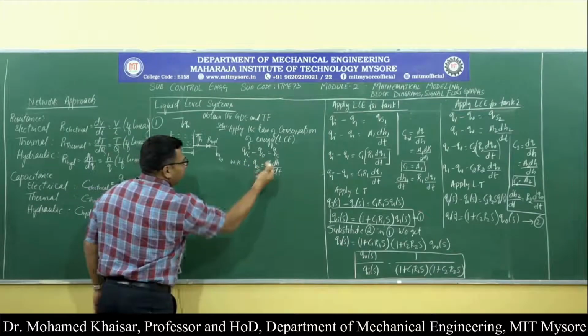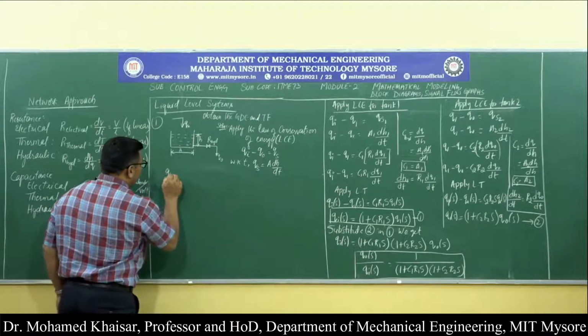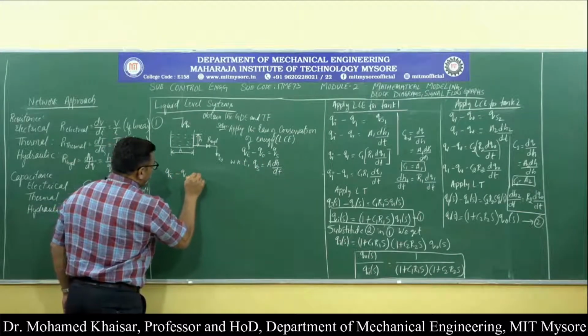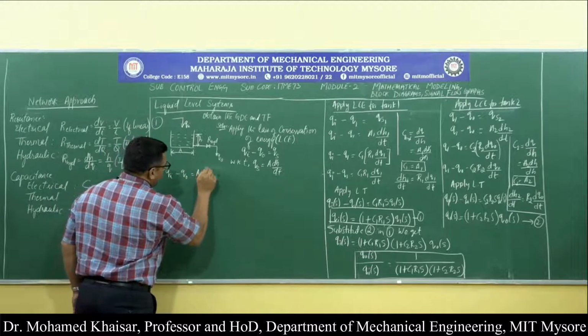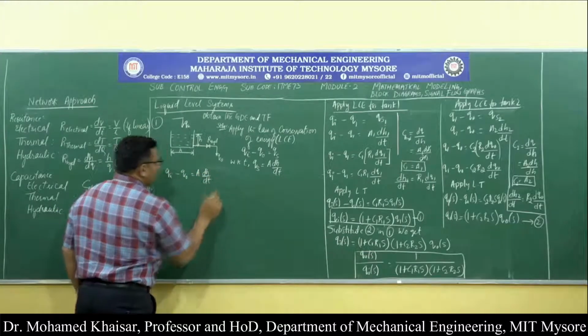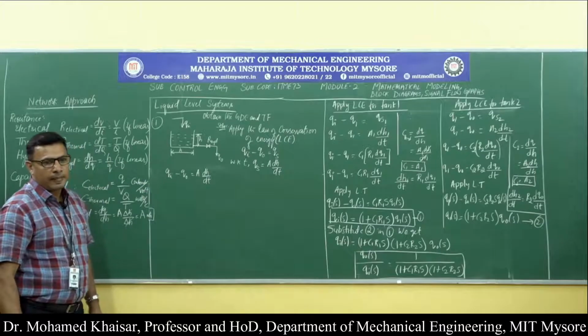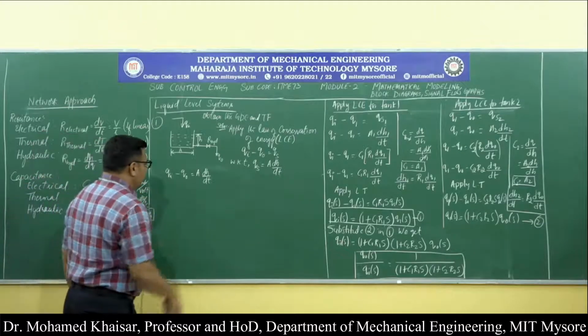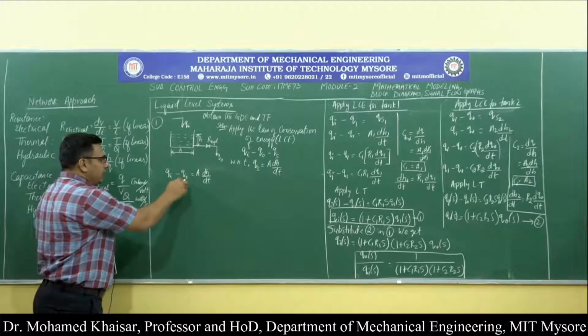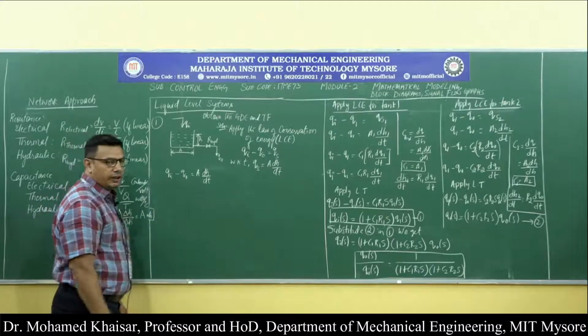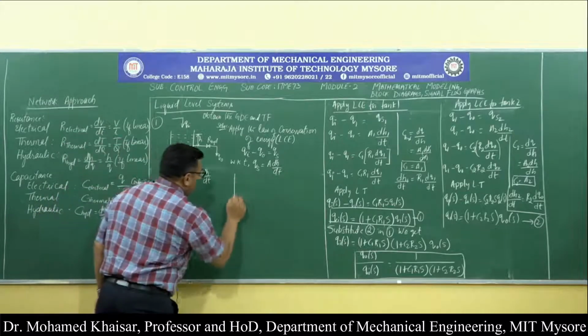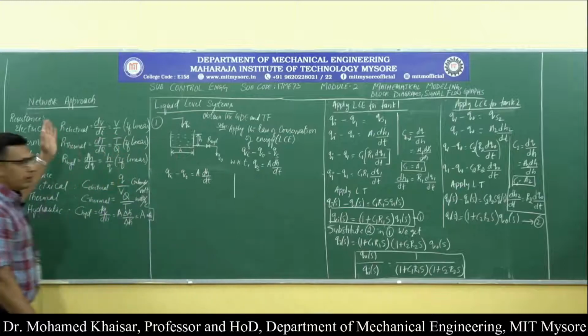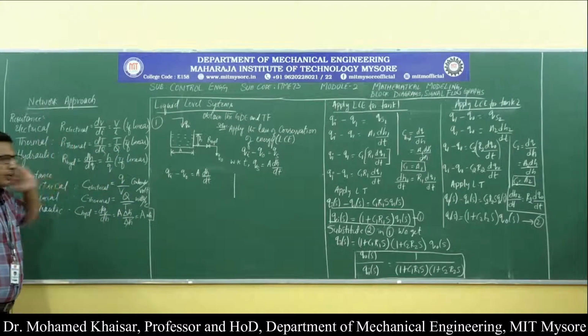Now if you just equate these two, what do we get here? Qi minus Q naught is equal to A into dH by dt. Now the network approach terminologies come into application.